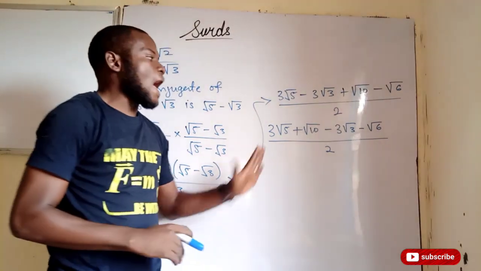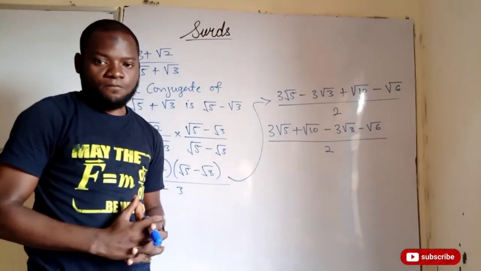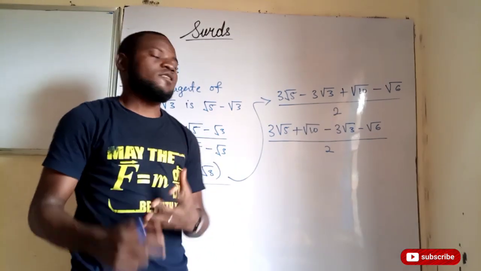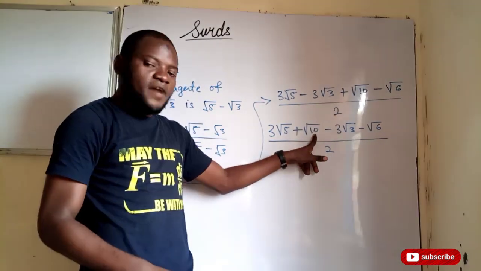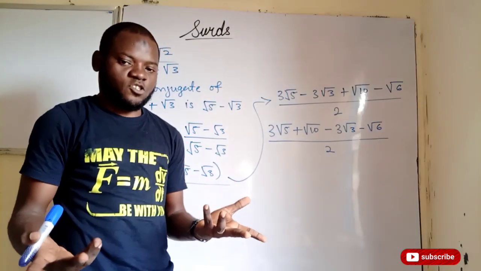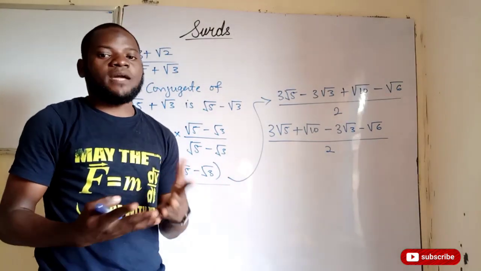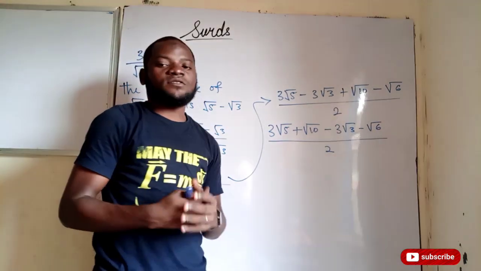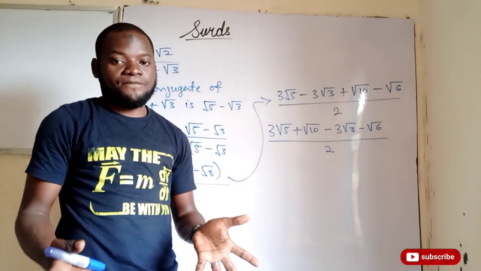All these surds are already in their basic form. That is, none of their factors is going to have a perfect square. 10 is just 2 times 5 or 10 times 1. And also 6 is just 6 times 1 or 2 times 3.